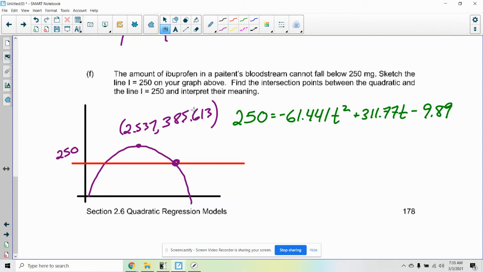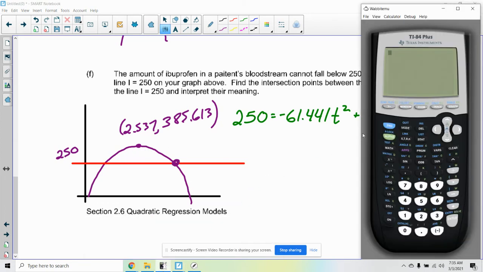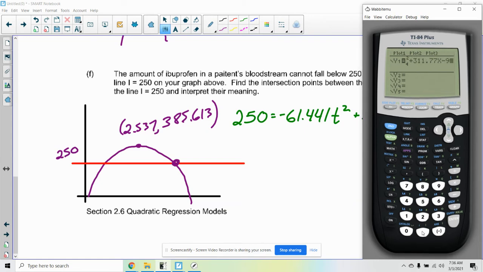To do that, I'm just going to plug both equations into my y equals menu. I'm going to plug the right-hand side in, and the left-hand side in, and I should get a graph that looks like this, more or less. The first equation is going to be my model, negative 61.44 t squared, but we're going to use x because there's no t button, plus 311.77 t minus 9.89.